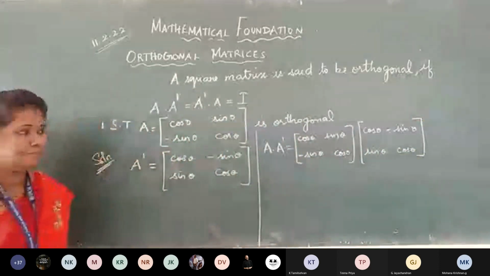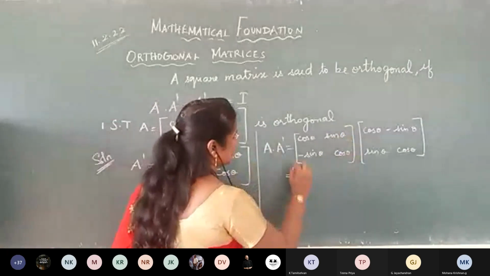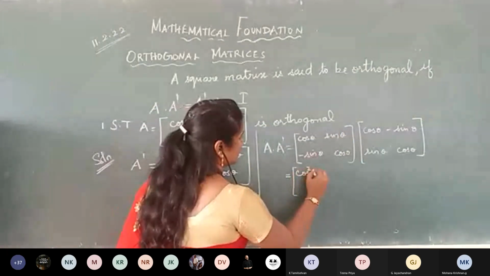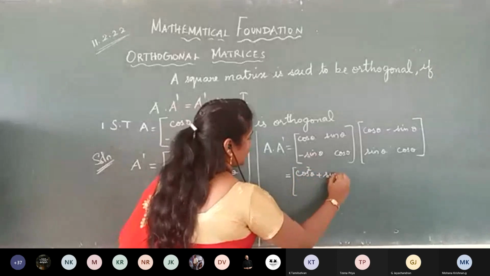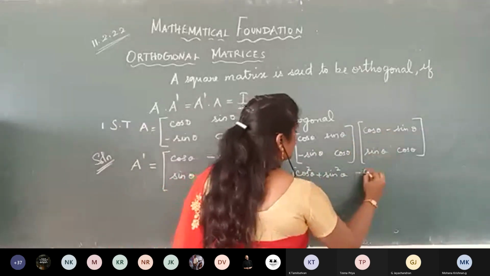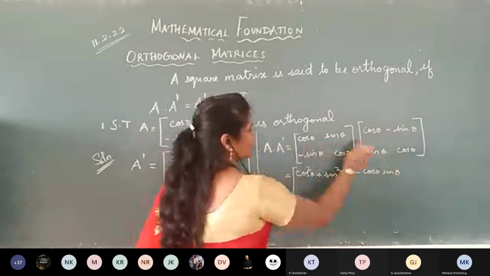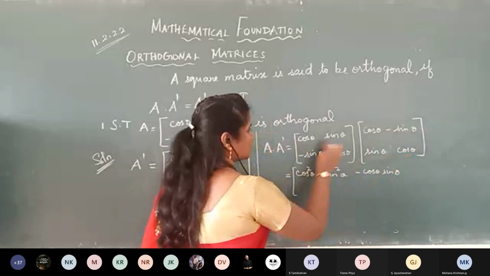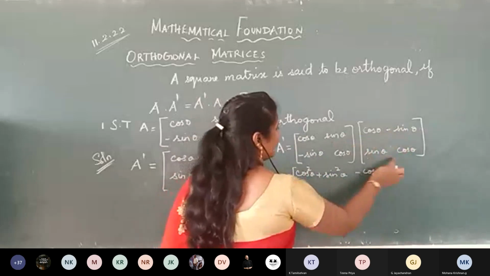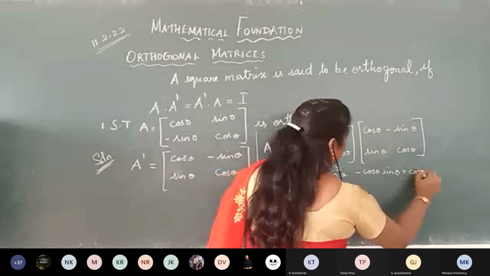Now you multiply, row into column. So that will become cos square theta plus sin square theta. Finally, it will be minus cos theta sin theta. You're doing first row and second column, cos theta sin theta, and then it will be plus cos theta sin theta.